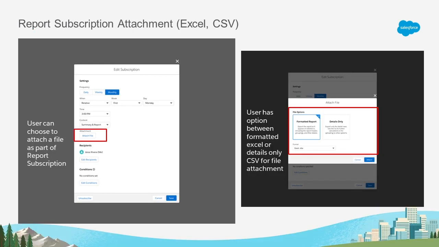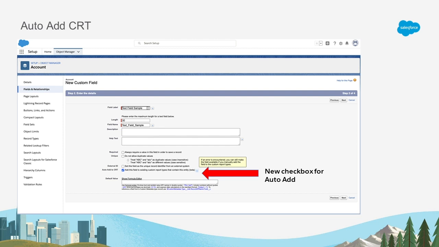Here is a screenshot of the report subscription attachment feature and what the screen looks like. You can choose this option from the drop-down menu on the top right when you run a report. Here is a screenshot of the Auto Add CRT feature, where you can see the checkbox that is auto-checked for the relevant field types once you opt into this feature.